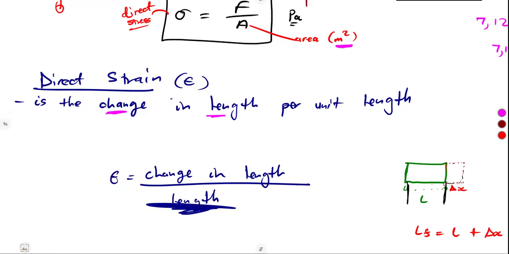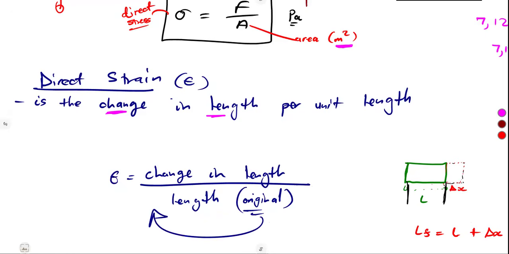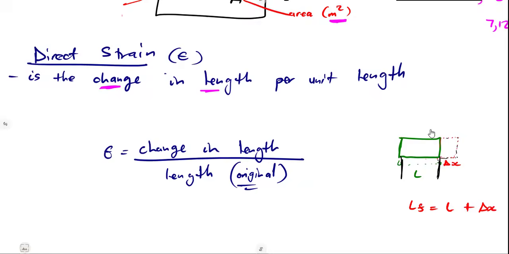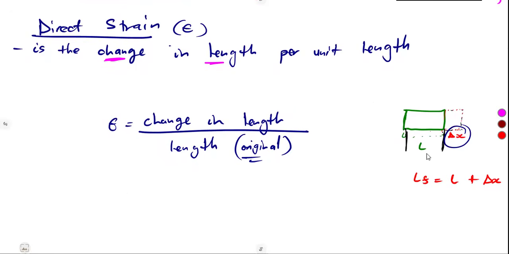Which length is it? That is the original. So here we are referring to the original length. The change in length, that is our extension, over the original length, which is our L.